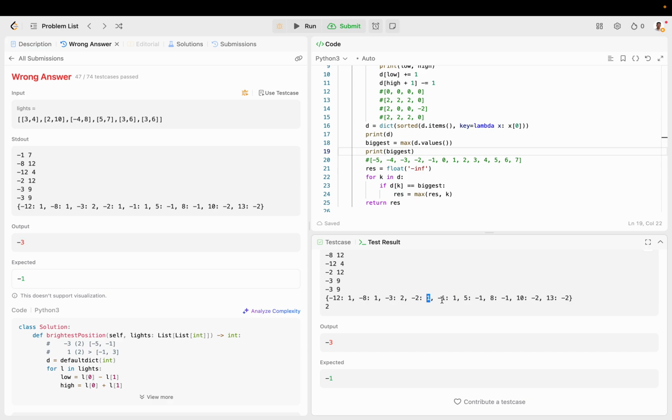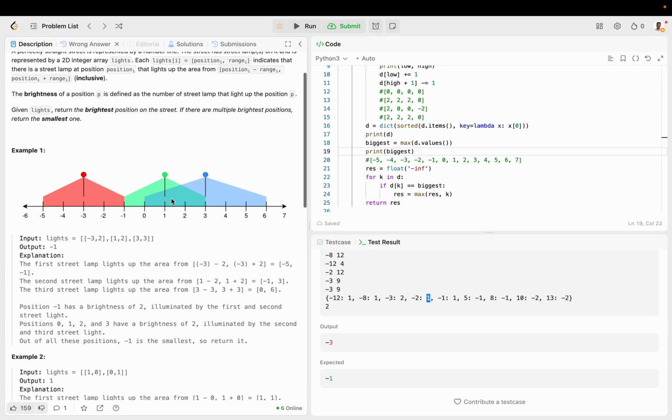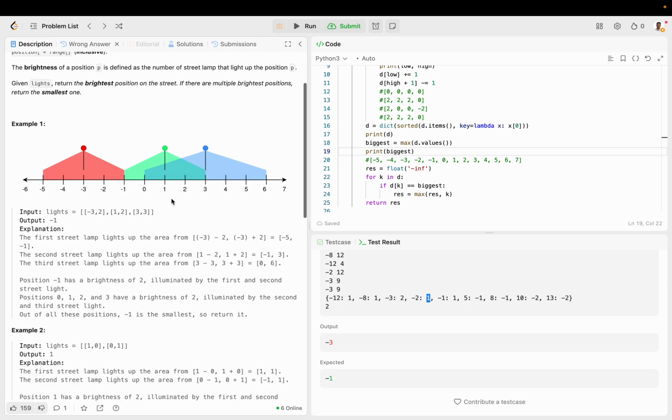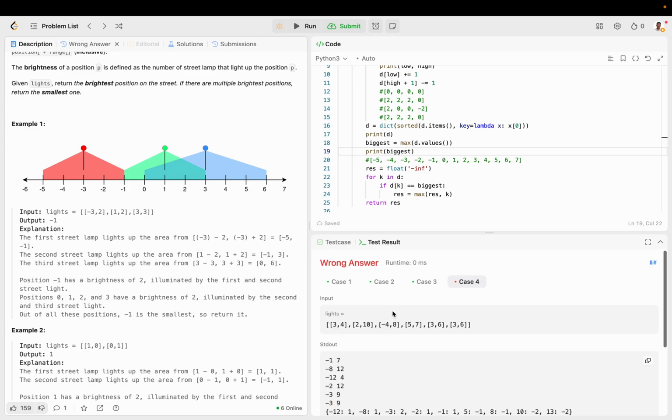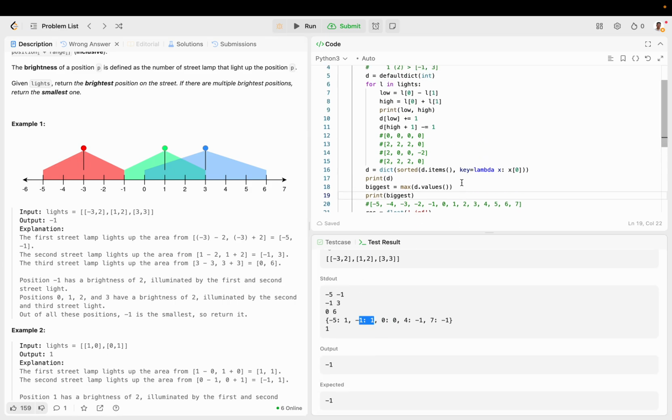Oh, so brightest position. Second street light lights up the area from this to this. Position -1 has a brightness of 2. So it looks like we didn't do that correctly. It's supposed to be 2.